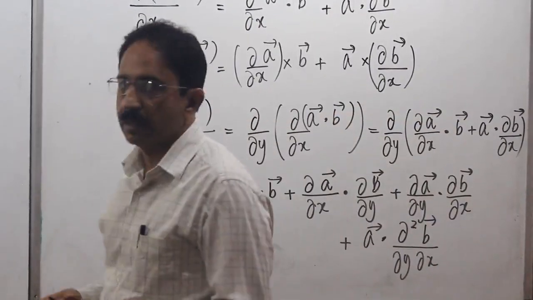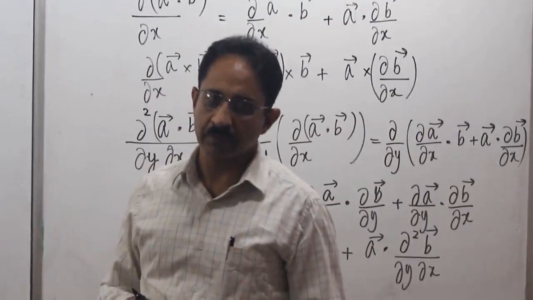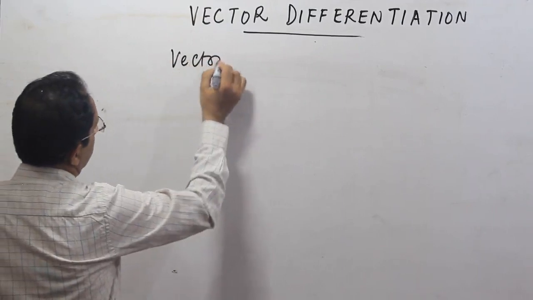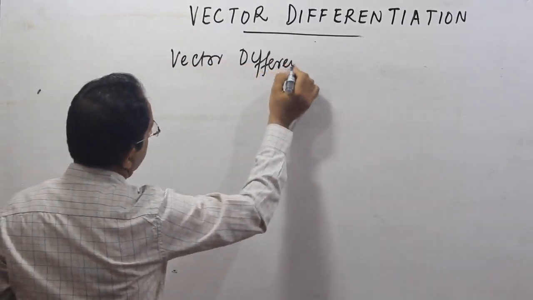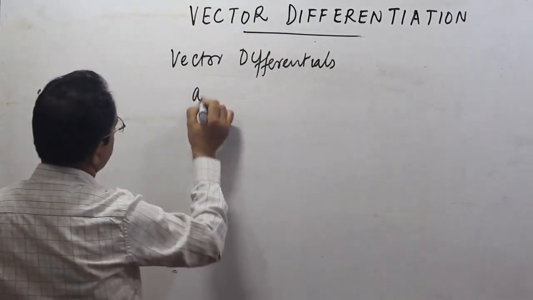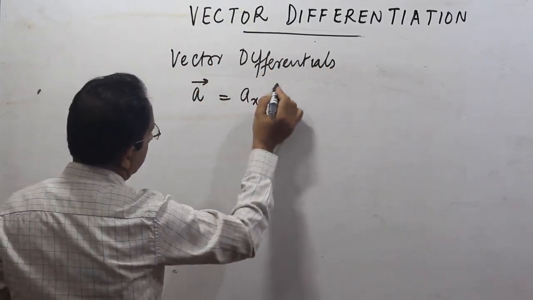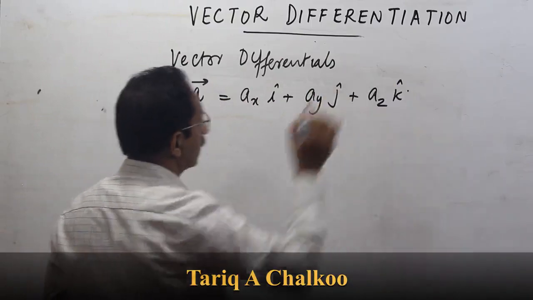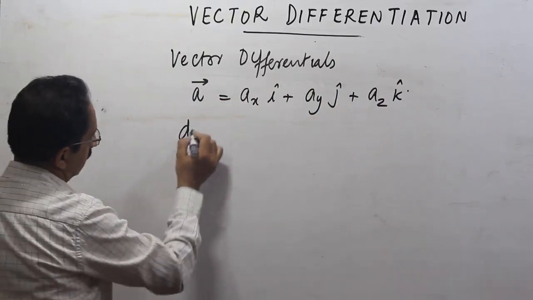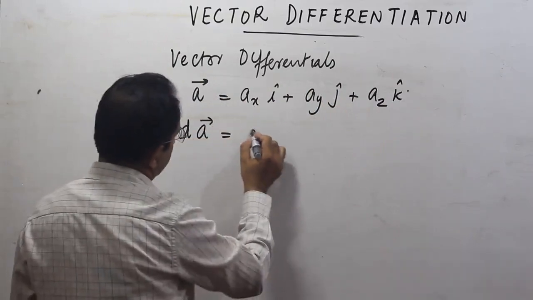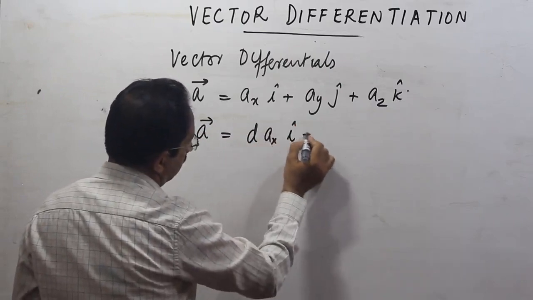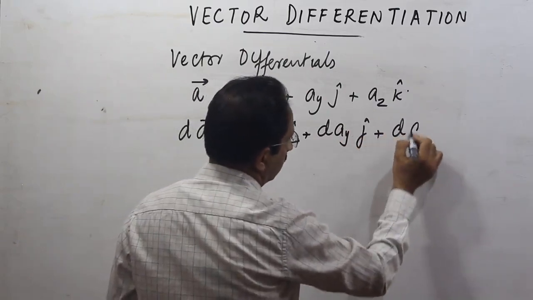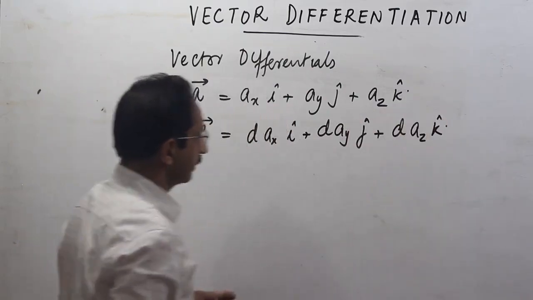Now we take up some differentials in the case of vector algebra. We take up some vector differentials. If A is a vector, then the differential of A would be simply, so this would be the result.